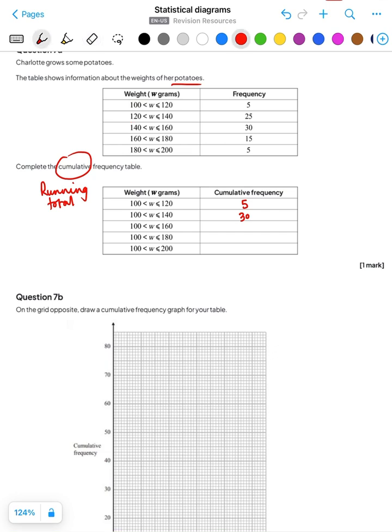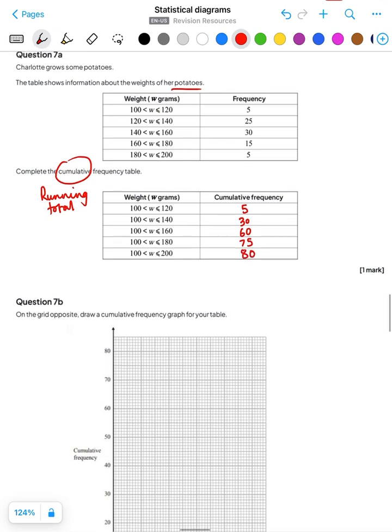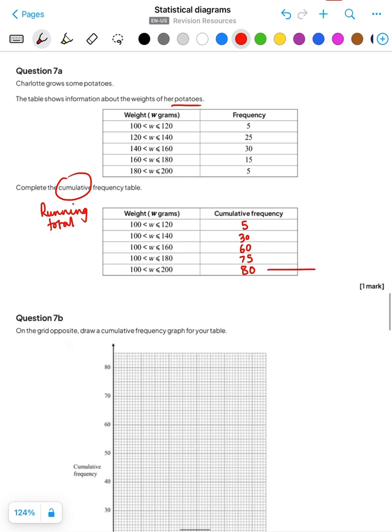So we're finding the running total. 100 to 160 is another 30, so that's a total of 60. 100 to 180 is an extra 15, so that's 75. And then 100 to 200 is an extra 5, so that's 80. So what we see here is a total of 80 potatoes.